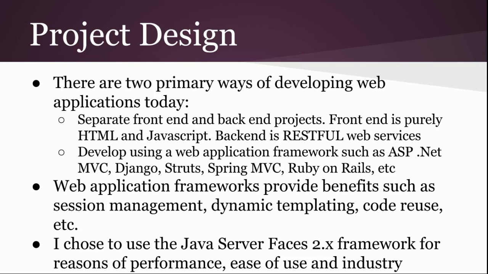So let's take a look at the project design. There are two primary ways of developing web applications today. The first that we're going to take a look at is to have separate front-end and back-end projects. The front-end project will be purely HTML5 and JavaScript, the purely UI, and the back-end project will be written in a language of your choice and exposed as RESTful web services.